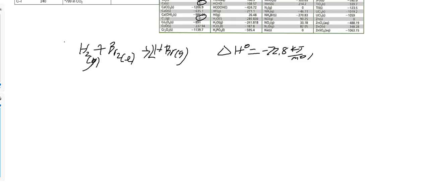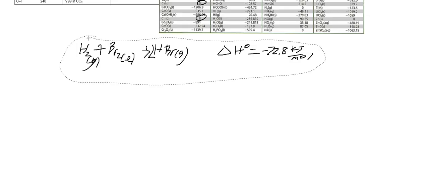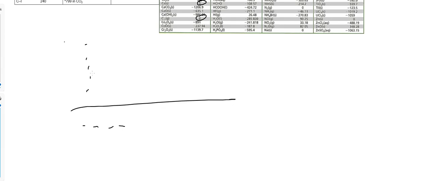So now, let's go on to something called Hess's law. Hess's law basically says that if you have any series of reactions that add to a total reaction, right? I'm using dots here because I want to go to sleep. It is 1 a.m. as of the time that I'm recording this.